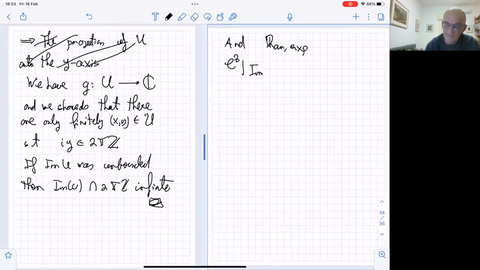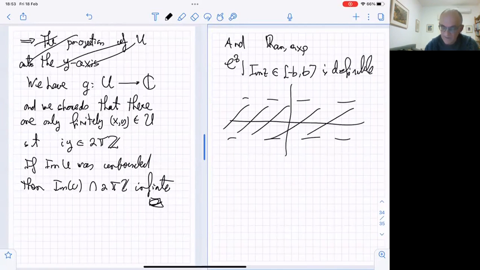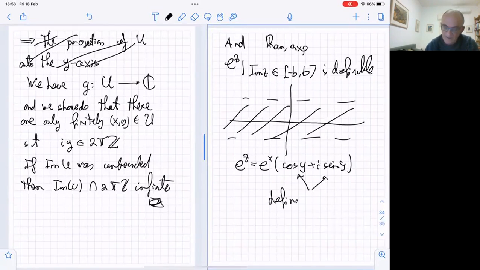Then e to the z restricted to a strip, let's say in between minus b and b, is definable. Why? Because e to the z is e to the x cosine y plus i sine y, and these are definable in R sub n on the interval minus b to b. And this is just a real function.